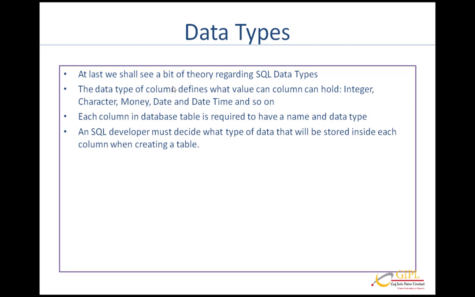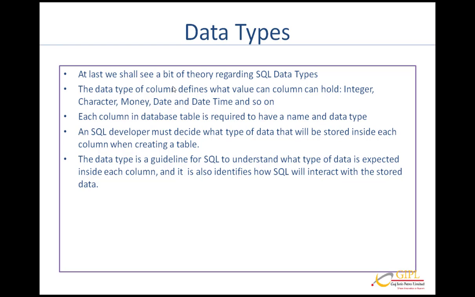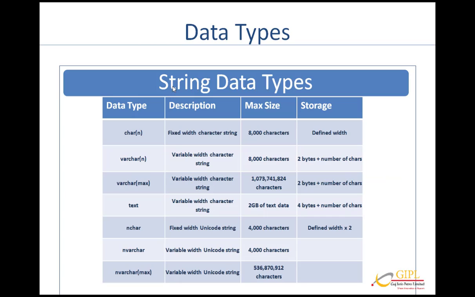An SQL developer must decide what type of data will be stored inside each column when creating a table. The data type is a guideline for SQL to understand what type of data is expected inside each column, and it also identifies how SQL will interact with the stored data.